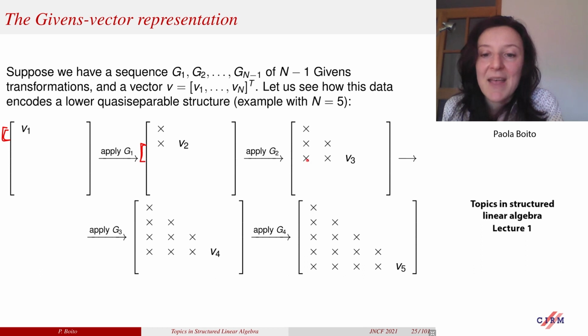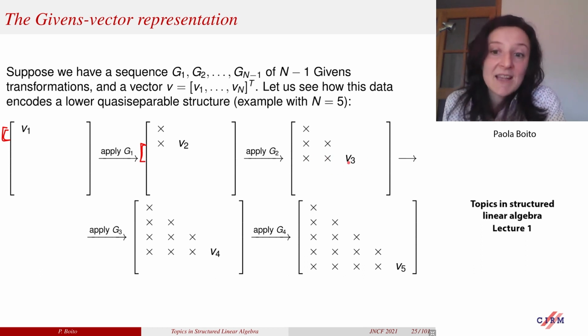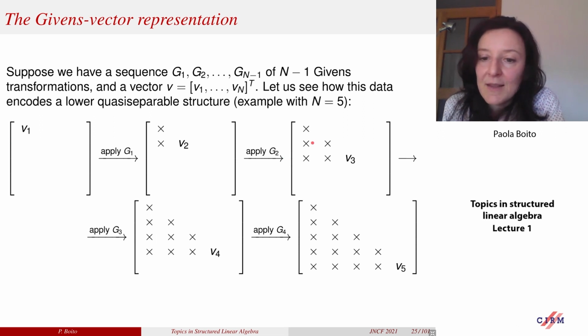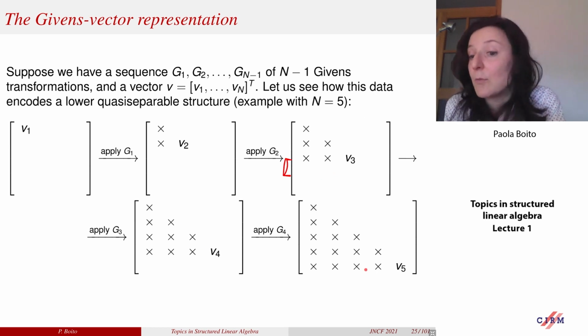And so I am adding non-zeros here and here in the third row. Then I add V3 in position 3, 3, and apply G3 here, sorry, not here, but here to the third and fourth row, and so on and so forth.